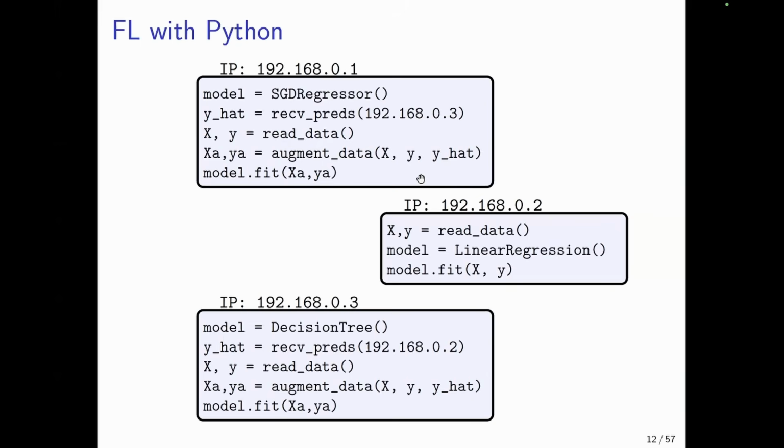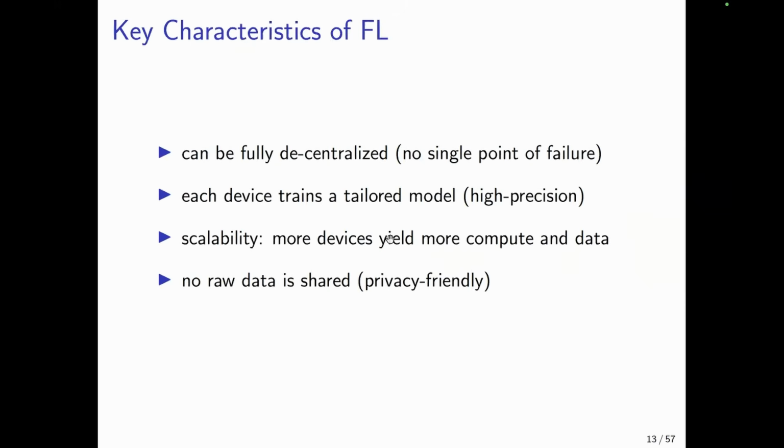We can then use these communication links to obtain the predictions of this model with the IP address 192.168.0.2 to augment the data set at the device with IP address 0.1. So the difference between machine learning and federated learning is that we use predictions from other clients to augment our own data set.